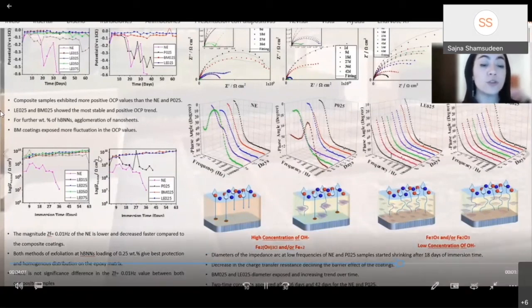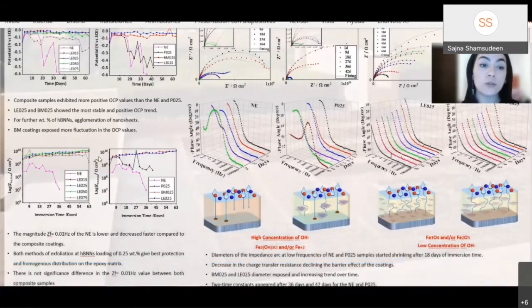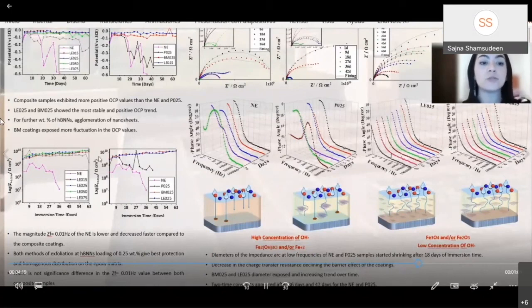However, based on the results, the stability of the rust layer of the liquid exfoliation and ball milling seems to be larger than the neat epoxy and the pristine, since the electrolyte permeation depends on the nature and the distribution of the fillers in the matrix. In the case of the ball milling and the liquid exfoliation samples, the nanosheet distribution at 0.25% is homogeneous, so the concentration of the electrolyte that permeates the coating is lower compared to the control samples, so the probability of producing localized corrosion is also lower.